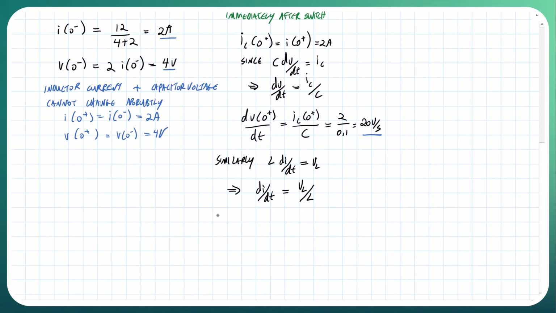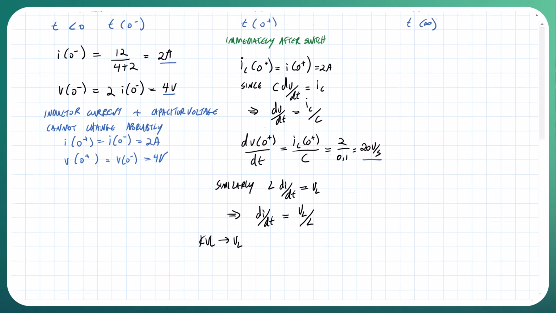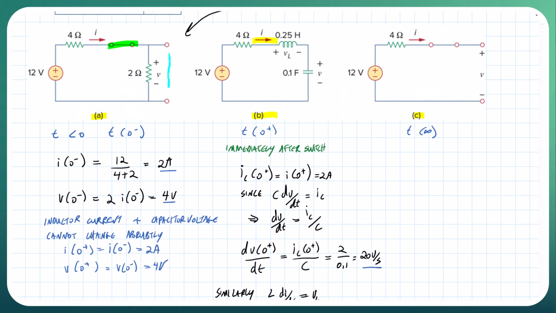And if you look up here, VL is this guy. So we can just apply KVL across this circuit. It gives us minus 12 volts, plus 4 times I(0+), plus VL, plus V(0+).